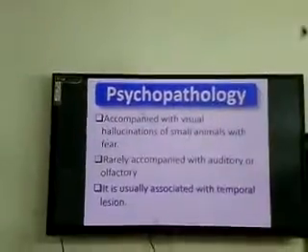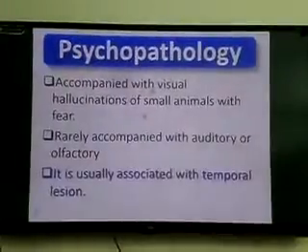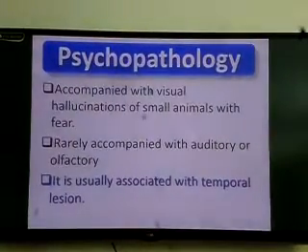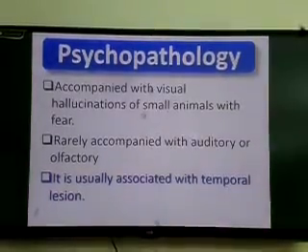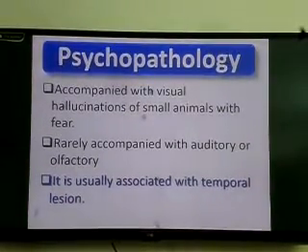Accompanied with visual hallucinations. Is visual hallucination an objective or subjective symptom? It's subjective because the patient tells about these symptoms. So it is accompanied with visual hallucinations of small animals with fear. Fear is a feeling, so it is subjective also.